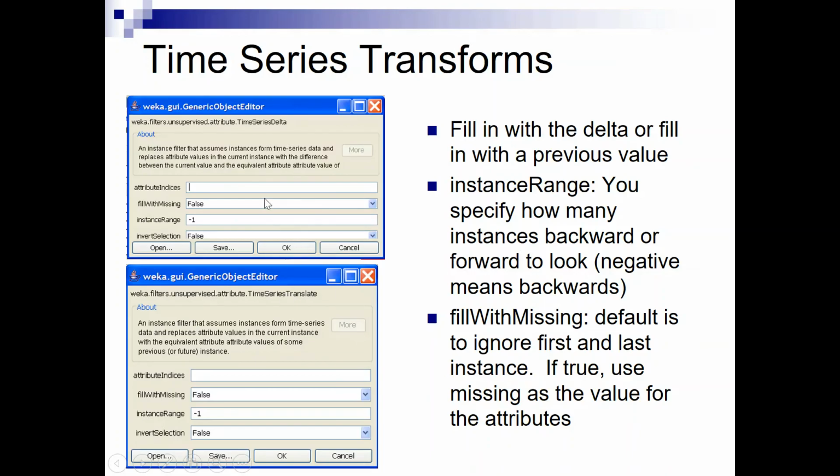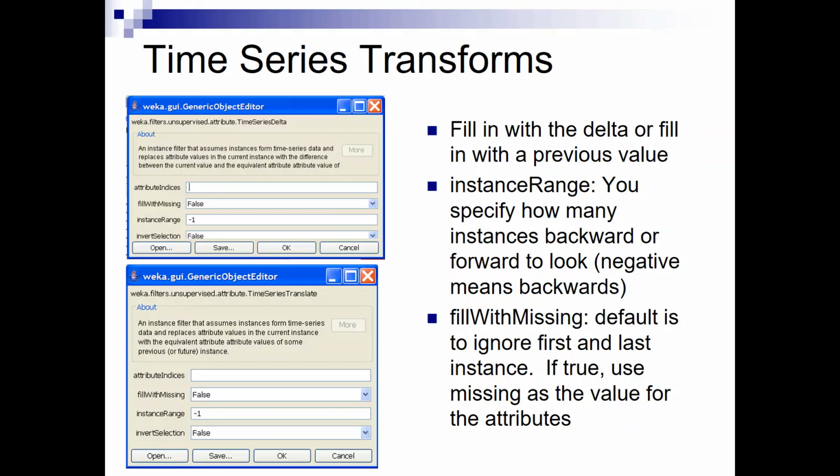In all cases, you have to say which attribute you're talking about. So attribute indices is which attribute you're going to manipulate. And as I said on the previous slide, it's going to overwrite these features.